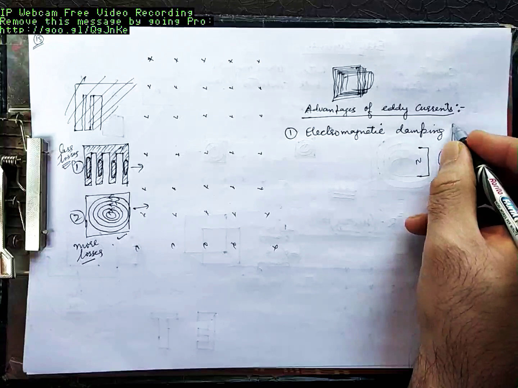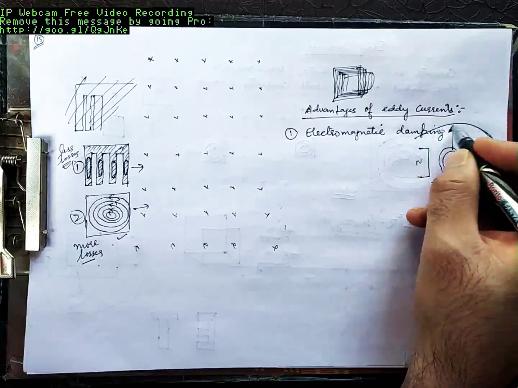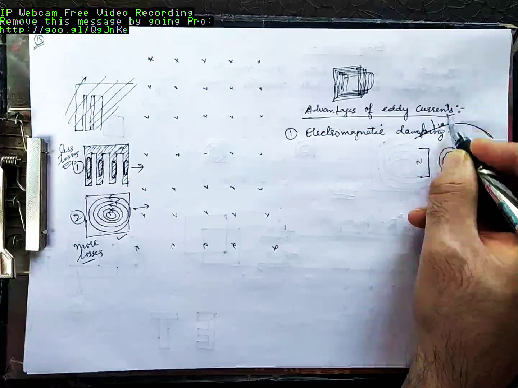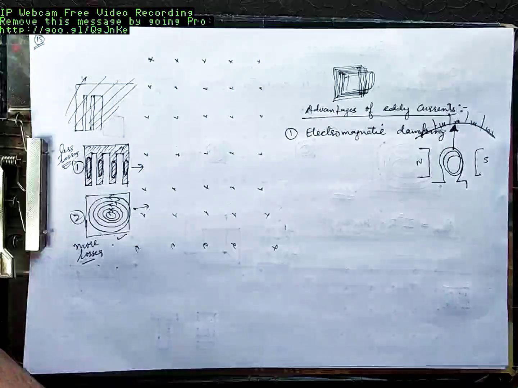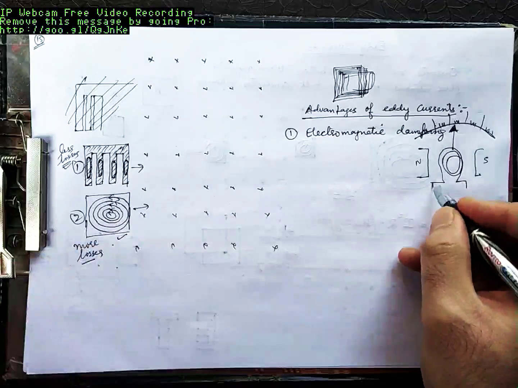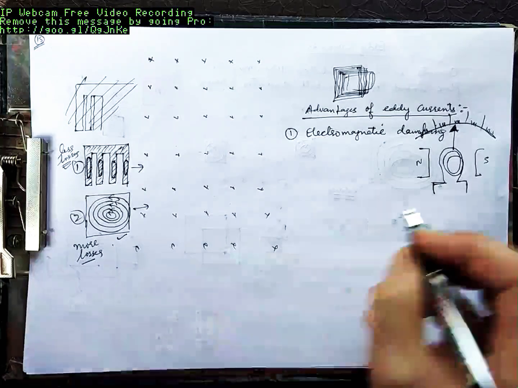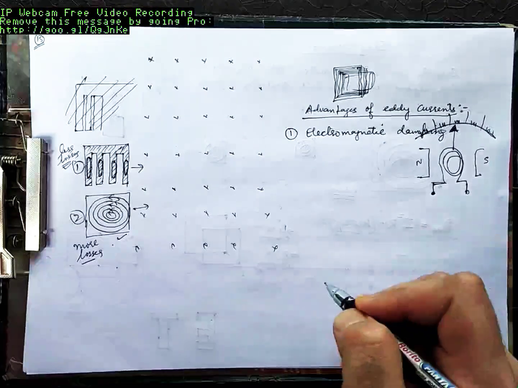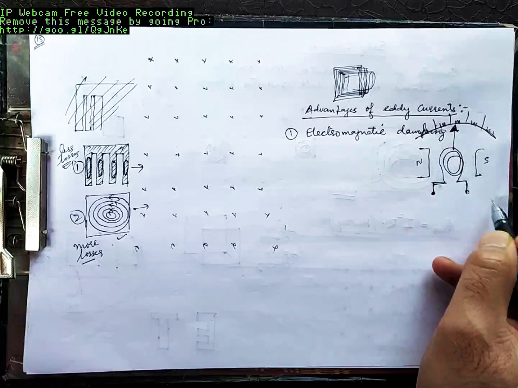To that was connected a pointer and a scale which has markings for measurement. This was connected in some circuit to measure the current, these 2 points. When you connect this in circuit, current will come here, current will flow through this coil and come back here.